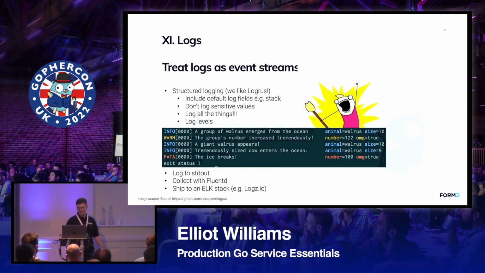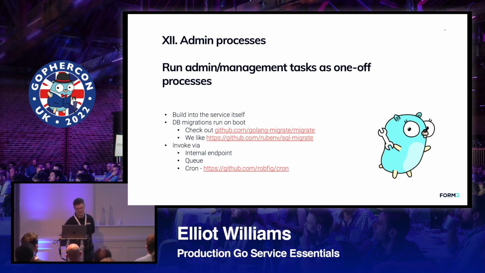Okay, cool. So the last one of the 12 factors is about admin processes. These are things that happen in your application that are outside of the normal bounds of operation. So things like database migrations, or you might have, who knows what's going on in your code bases, a command we need to run to fix this particular payment because it's ended up in this state.